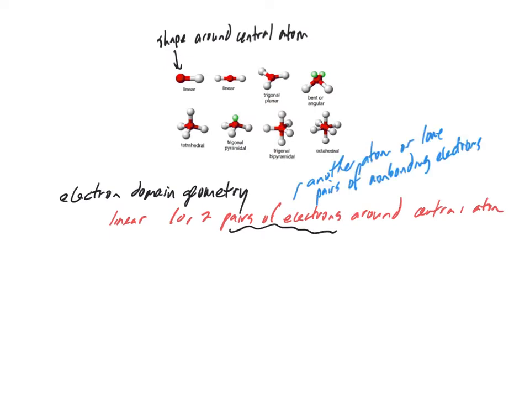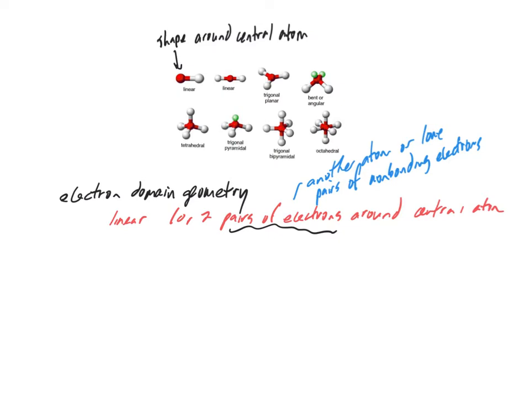And just to give you some context, in these models here, those green spheres are used to indicate pairs of non-bonding electrons. Meaning, say if we look at this trigonal pyramidal shape here, we can see that it has 3 bonds to other atoms, from the central atom, and then one non-bonding pair of electrons up top there.